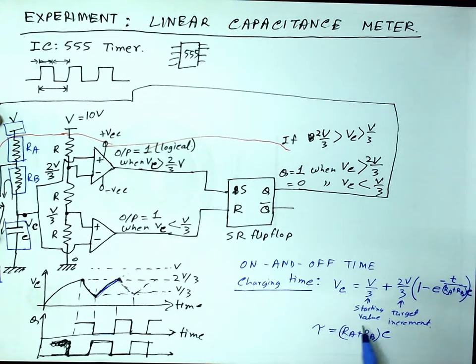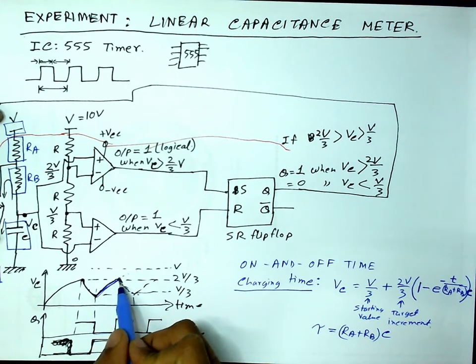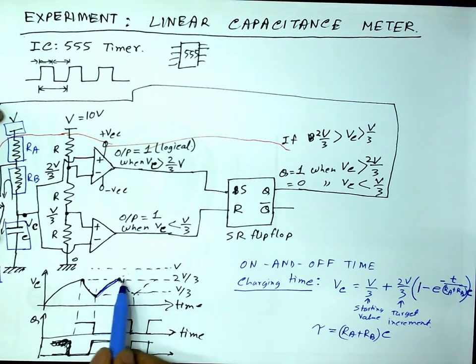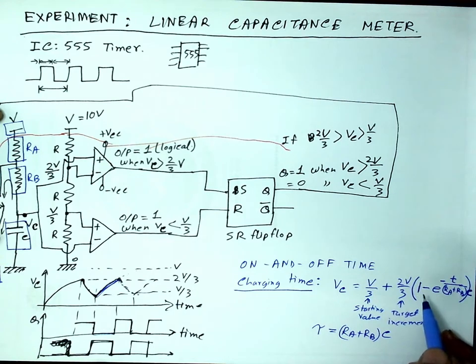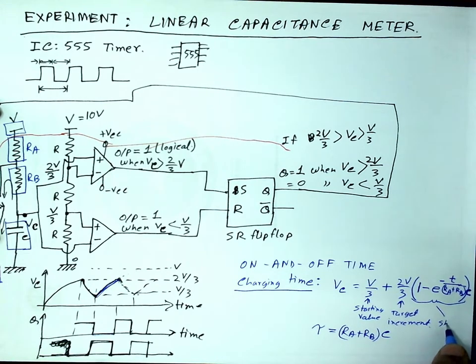Okay, so this is how it will charge. Now the question is, how long will it take to reach this level of 2V by 3? Okay, when this goes to 2V by 3, that means this part should be half.